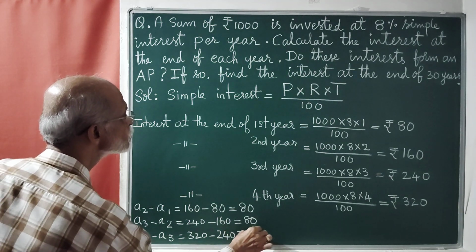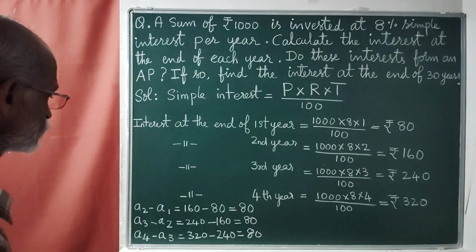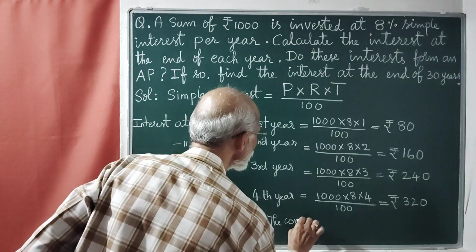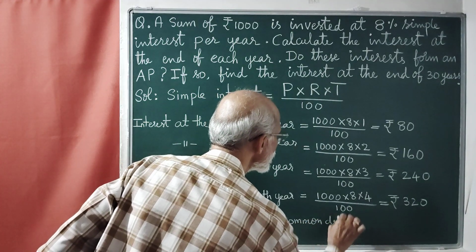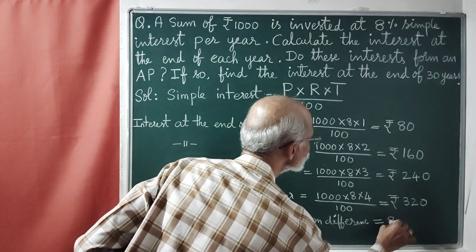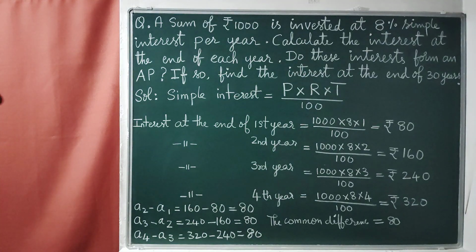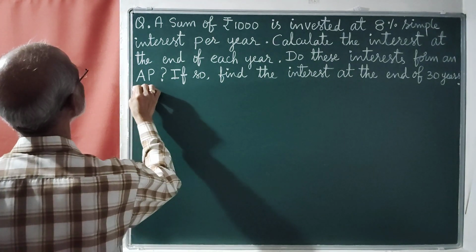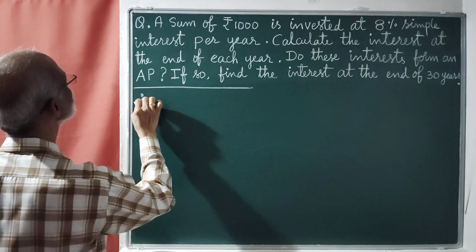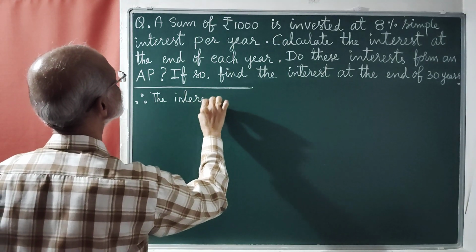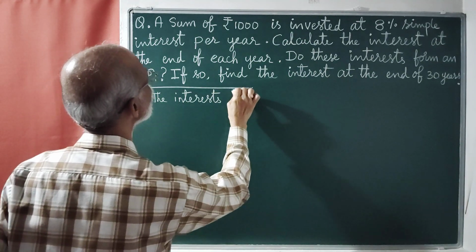We get 80. So there is a common difference. The common difference is equal to 80. Therefore, the interests form an AP.